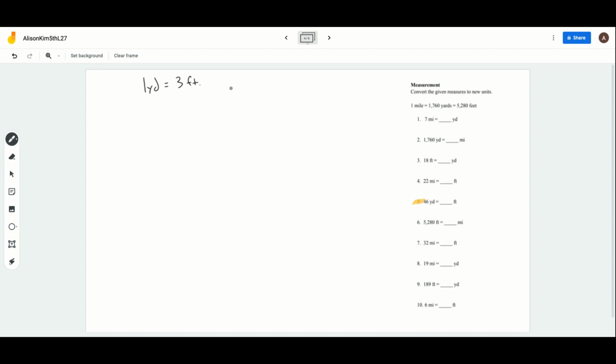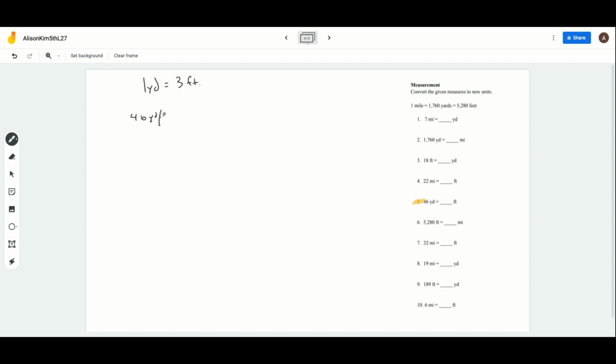So what we have to do is turn 46 yards into feet, and the only way to do that is by multiplying by 3, right?